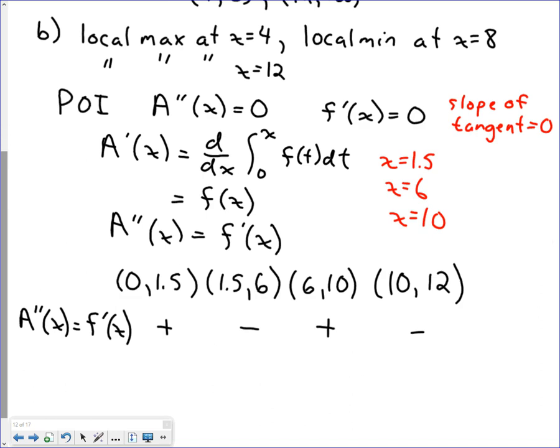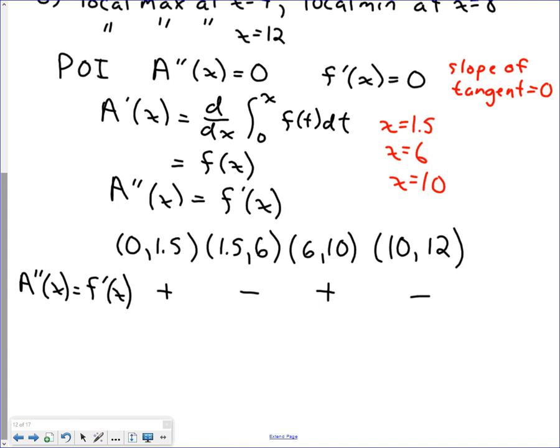And then from 10 to 12, it's going to be negative. So our function A at x is going to be concave up, concave down, concave up, and concave down on either side of those points of inflection at 1.5, 6, and x equals 10.